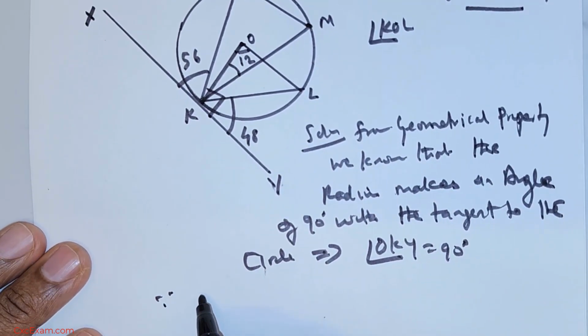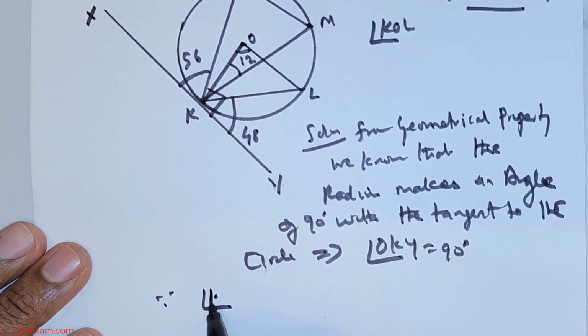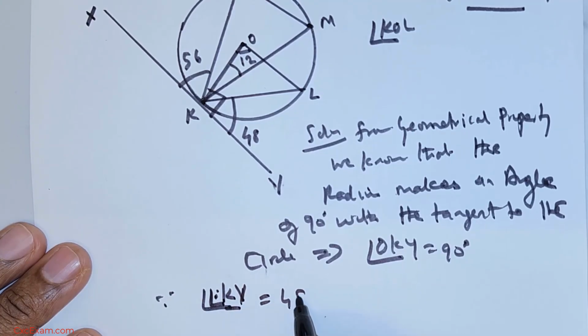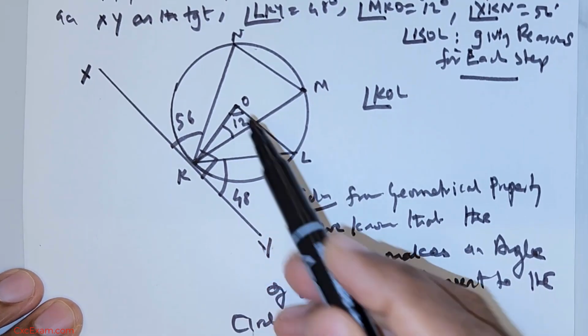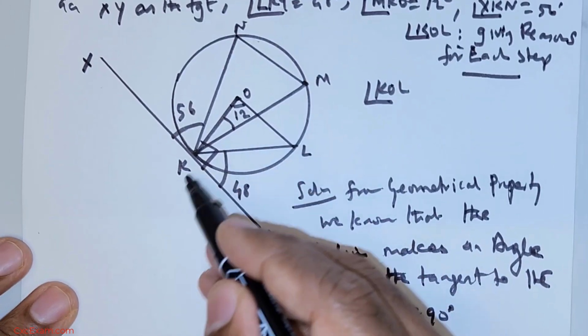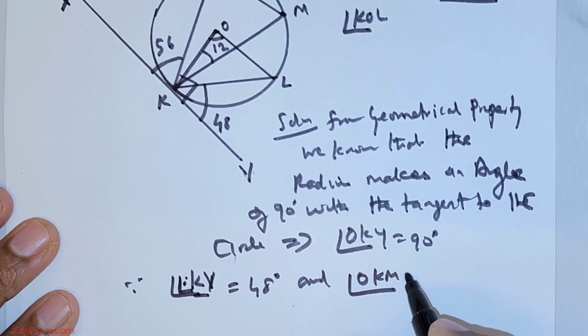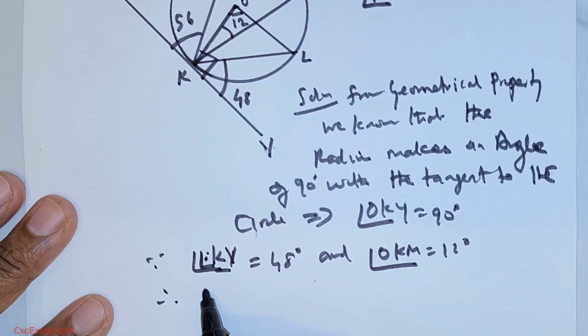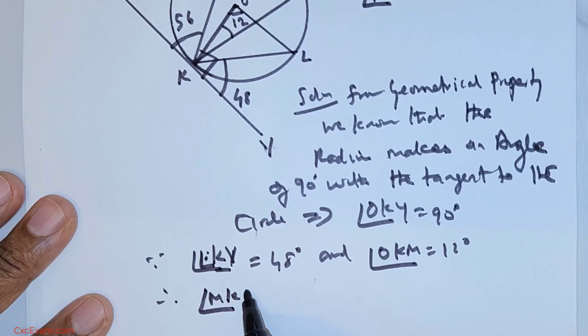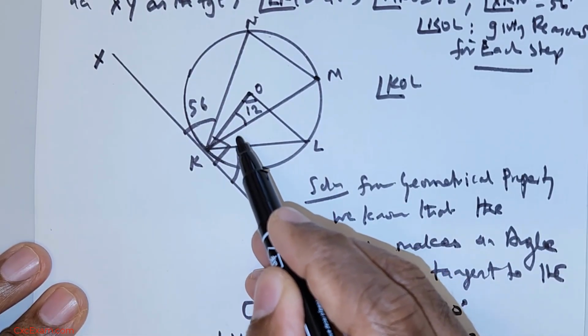Now since LKY is 48 degrees and OKM is equal to 12 degrees, therefore angle MKL, I'm looking for this angle.